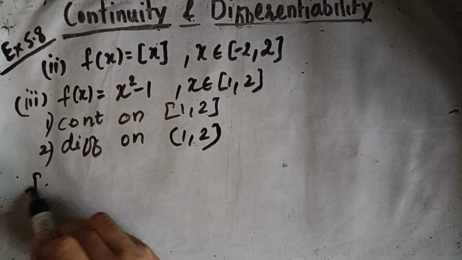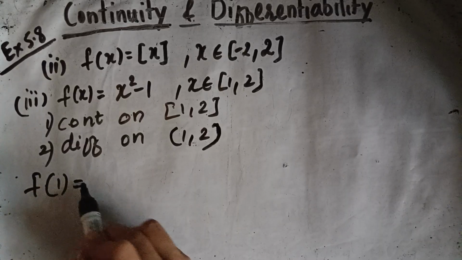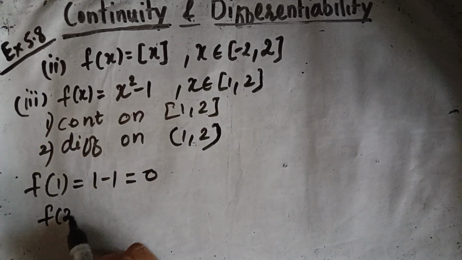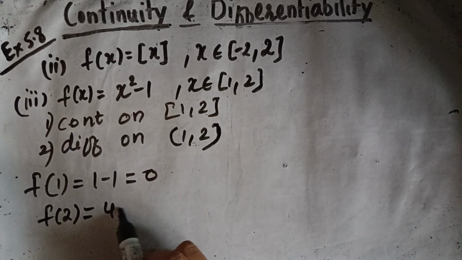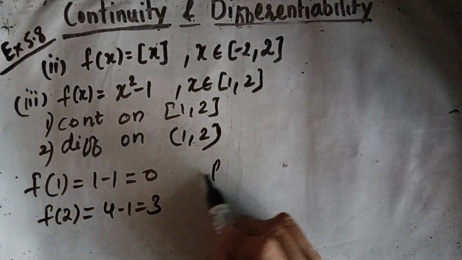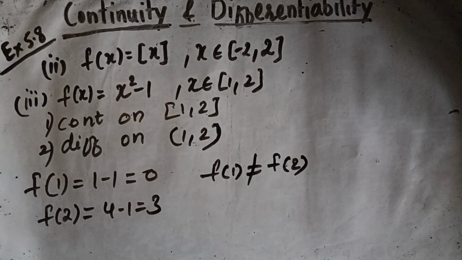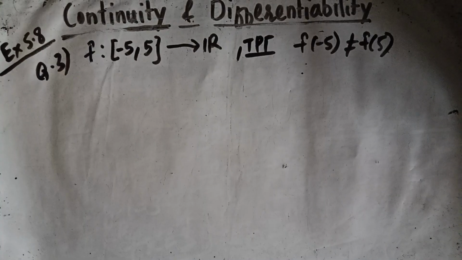Now let's see f of 1. This is 1 minus 1, 0. f of 2 is 4 minus 1, 3. So f of 1 is not equal to f of 2. So Rolle's theorem is not applicable.